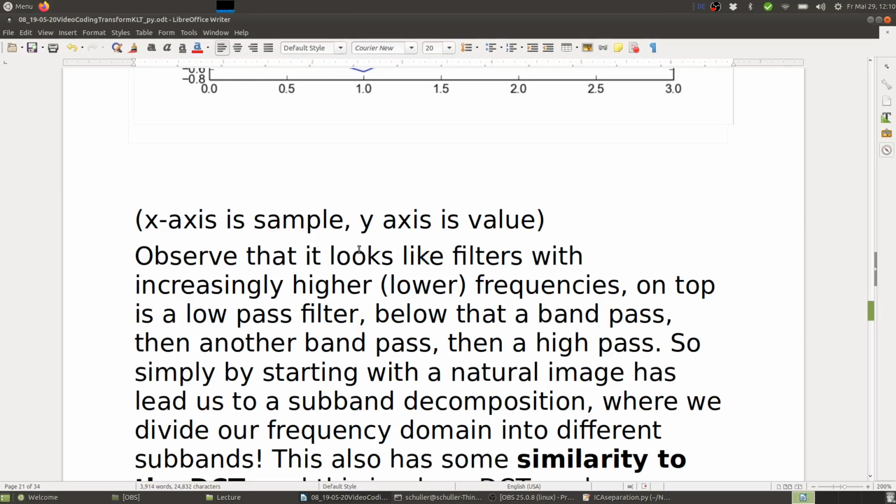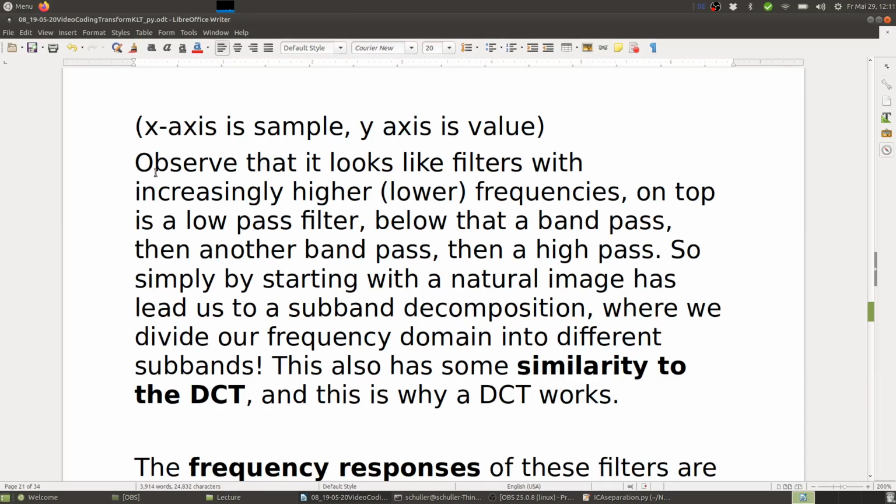Right, so the x-axis is sample and the y-axis is the value. Observe that this looks like filters with increasingly higher frequencies. On top is a low-pass filter, below that a bandpass, then another bandpass, and then a high-pass.